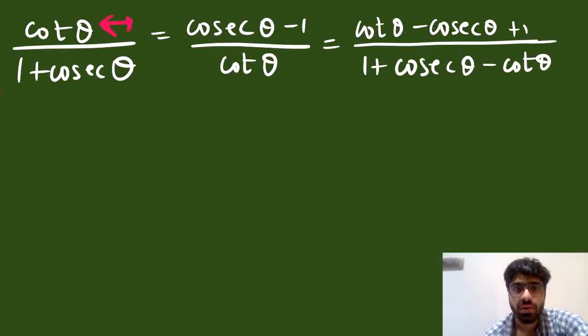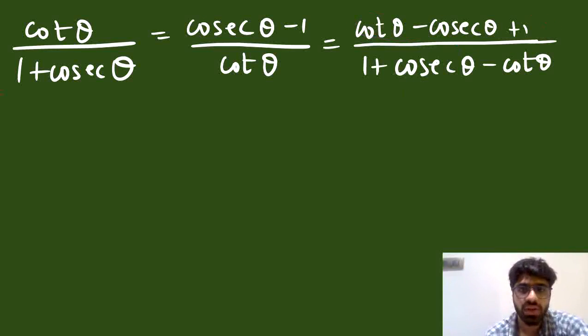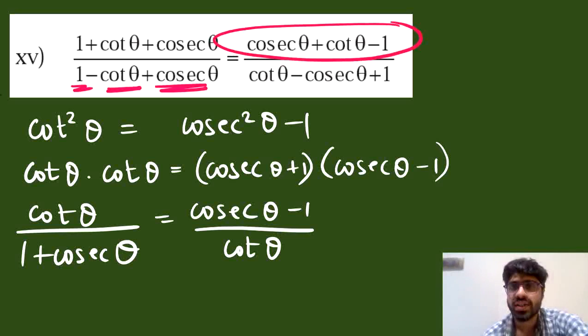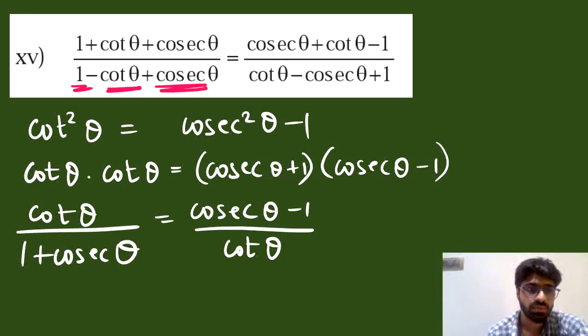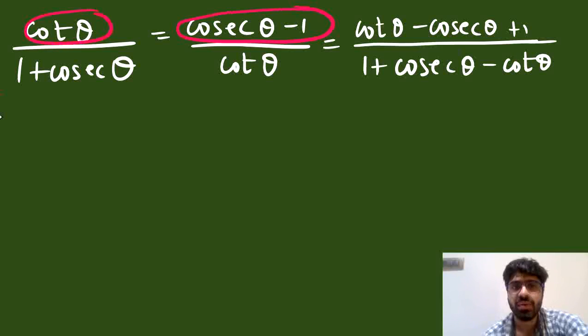Cot theta, we have it already in the numerator here. So we need to look at the other terms now. Let's try looking at this term: cosec theta plus cot theta minus 1. We can get it if we are adding up the numbers here.